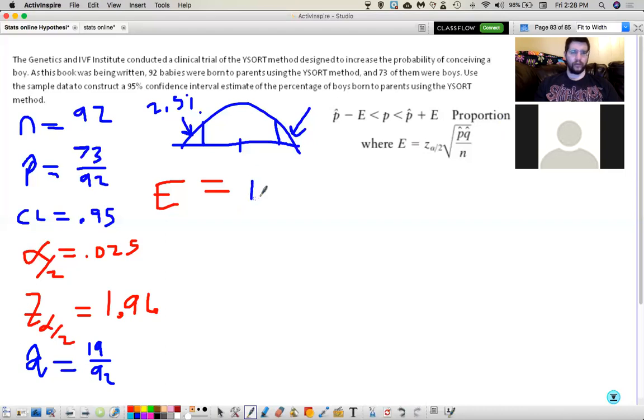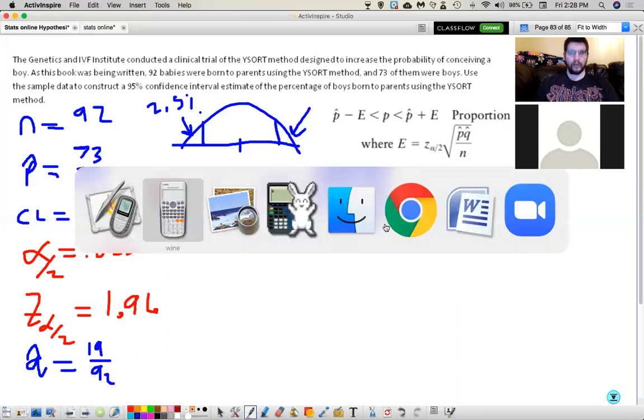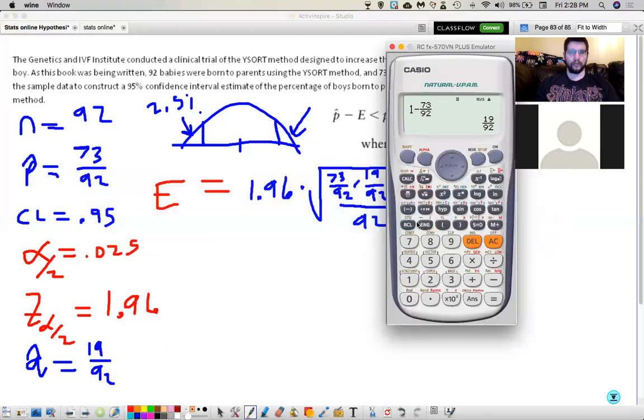So 1.96 times the square root of 73 over 92 times 19 over 92, over 92. Type that in the Casio.